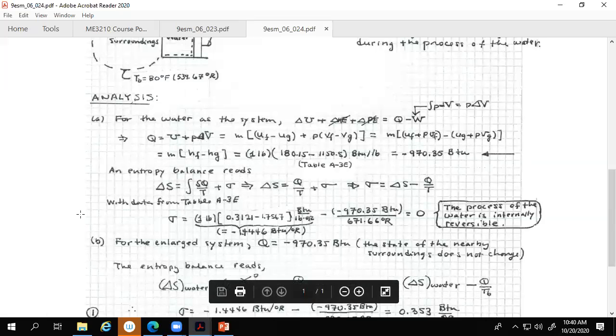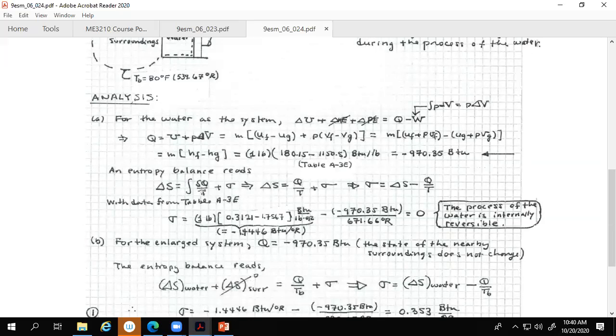Okay, so the entropy balance: delta S is the integral of delta Q over T on the boundary plus the production term.